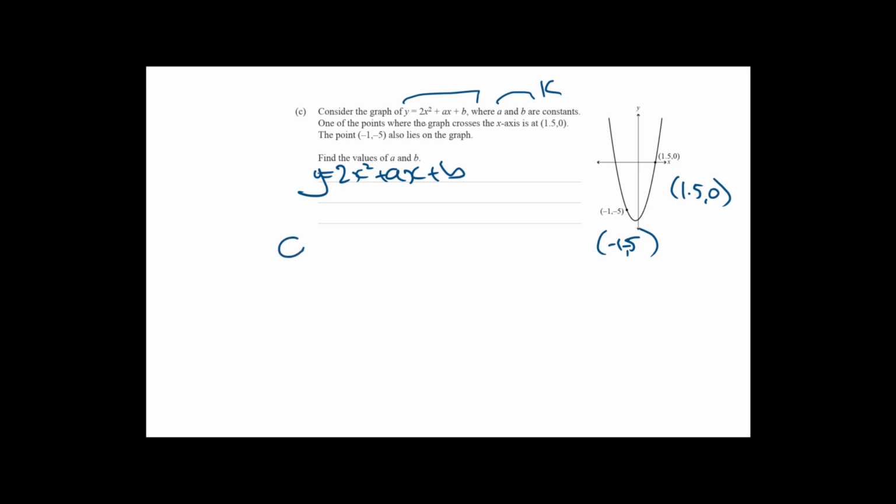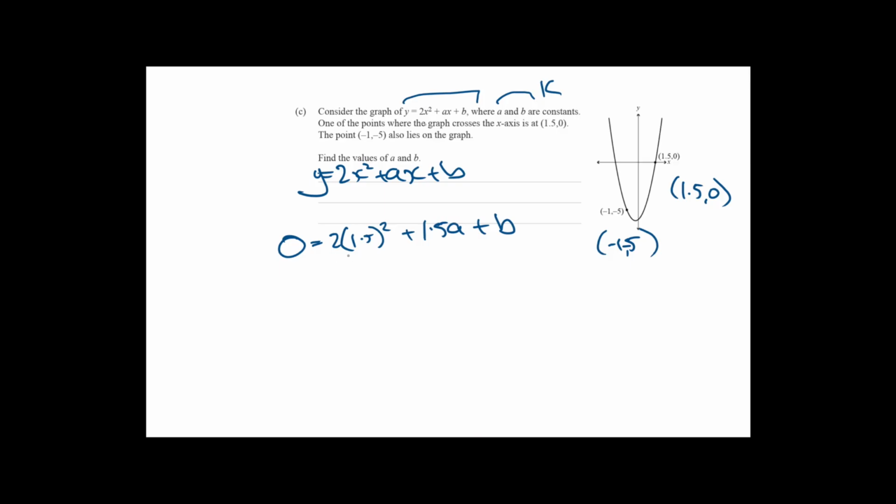Okay, let's put in the 1.5 and 0. So that tells us that when x equals 1.5, y equals 0, it's going to be equal to 2 times 1.5 squared plus a times 1.5 plus b.